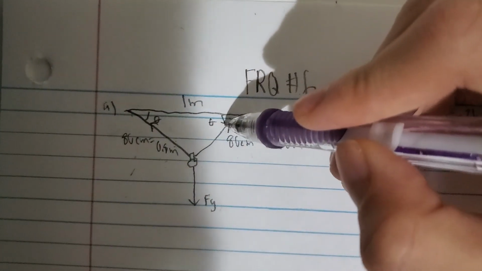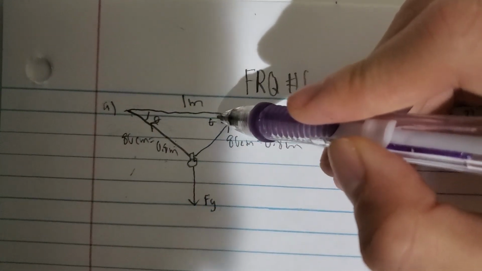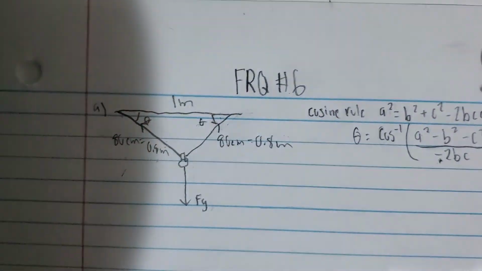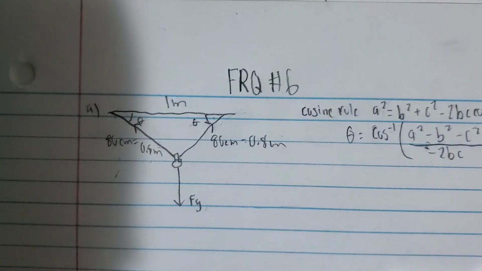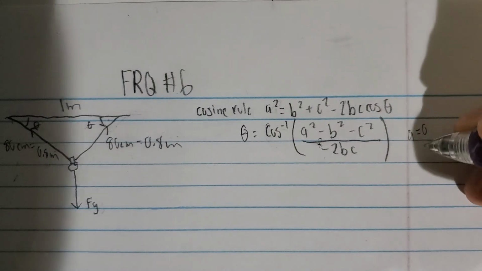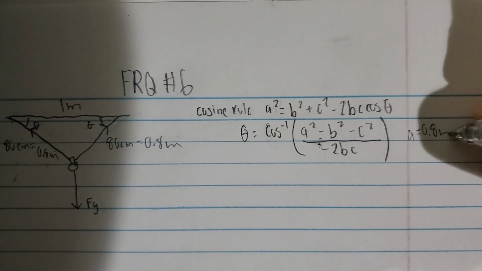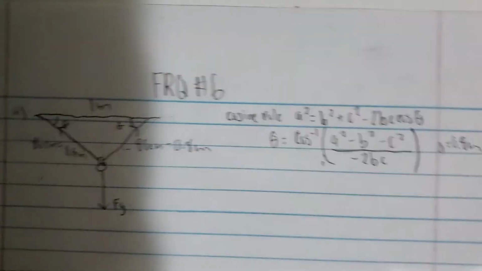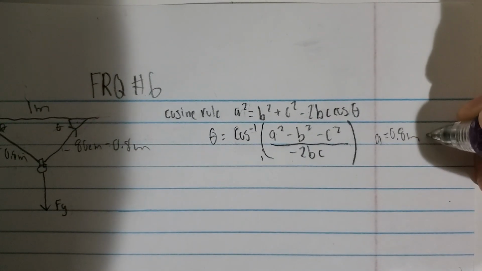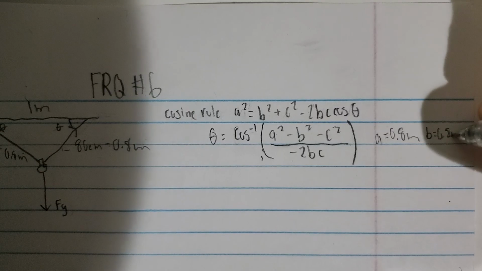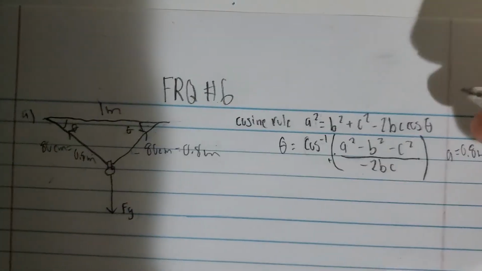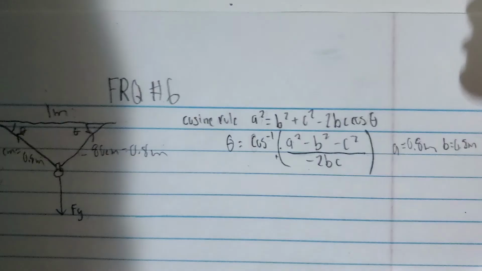So if I'm solving this angle, which I'm gonna do, my a is gonna be 0.8 meters. B and C can be either side, so let's just do B equal to 0.8 meters, which is this side, and C be this part right here, 1 meter.